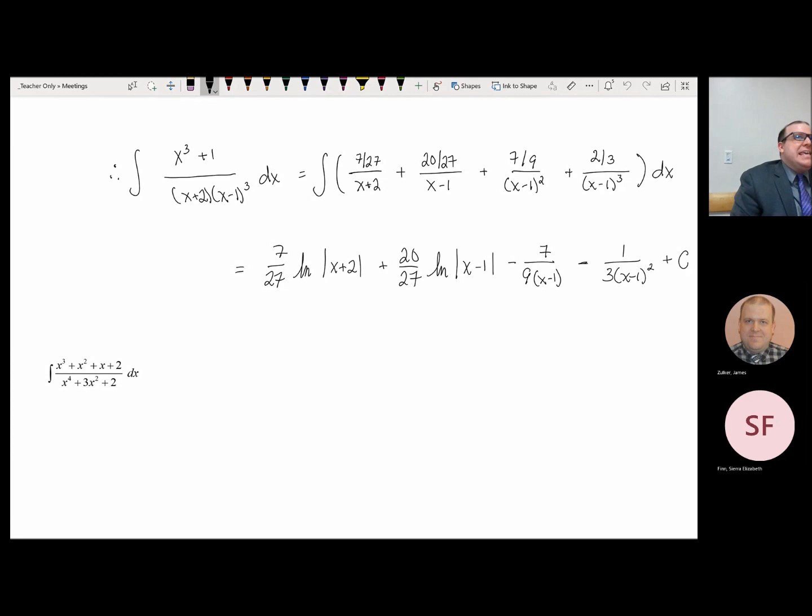First step is always the same. Is the rational function proper? What's the degree of the numerator? What's the degree of the denominator? Which is larger? 4. Proper. Yay. We don't have to do any kind of division. That's nice.